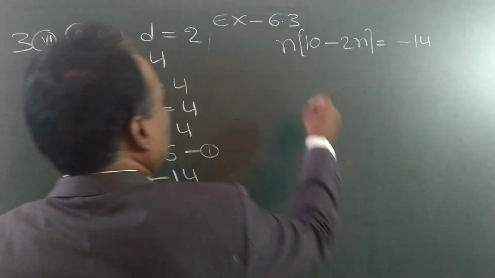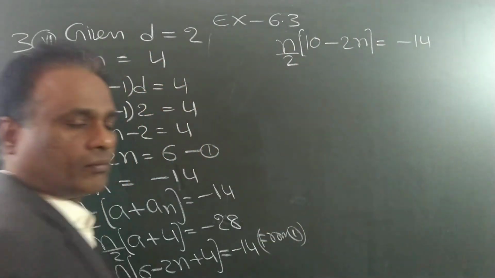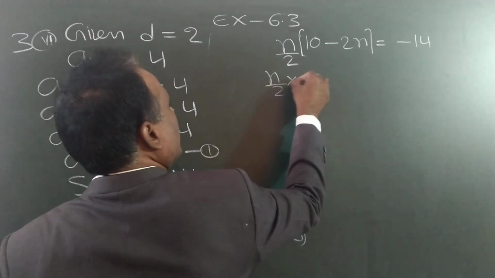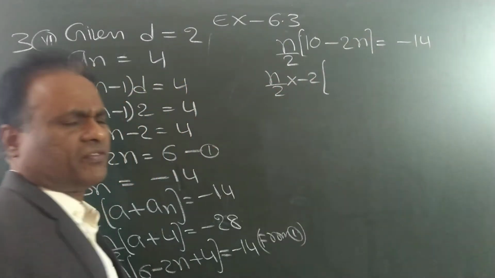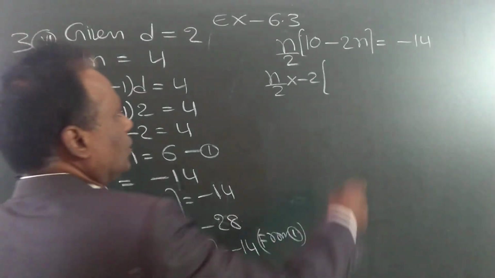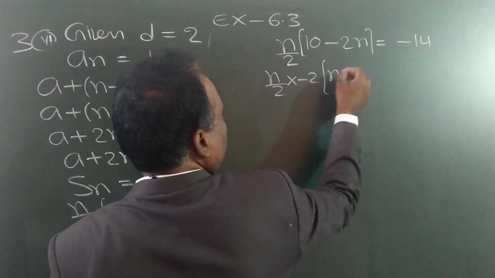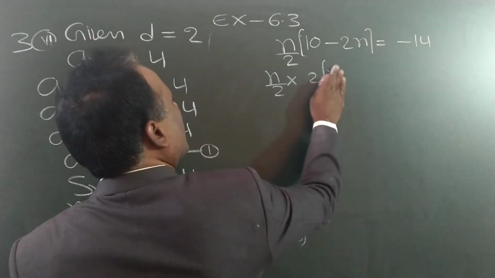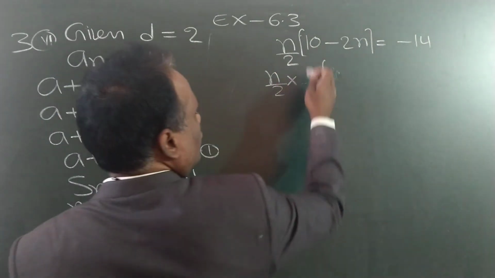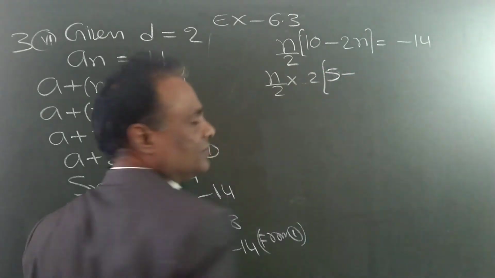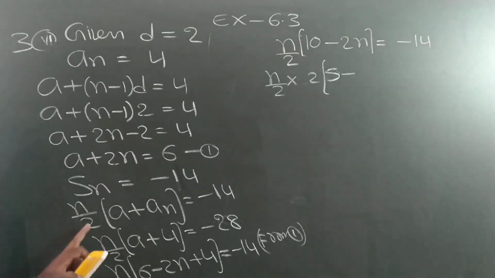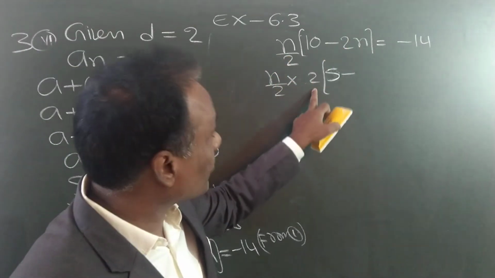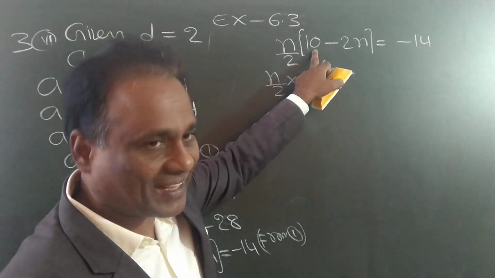See here, n by 2. Take minus 2 common, same as the previous problem. This will become plus n, because generally we take plus 2 common first, and after that we can take minus common. So taking 2 common means this is 5, because 2 fives are 10.